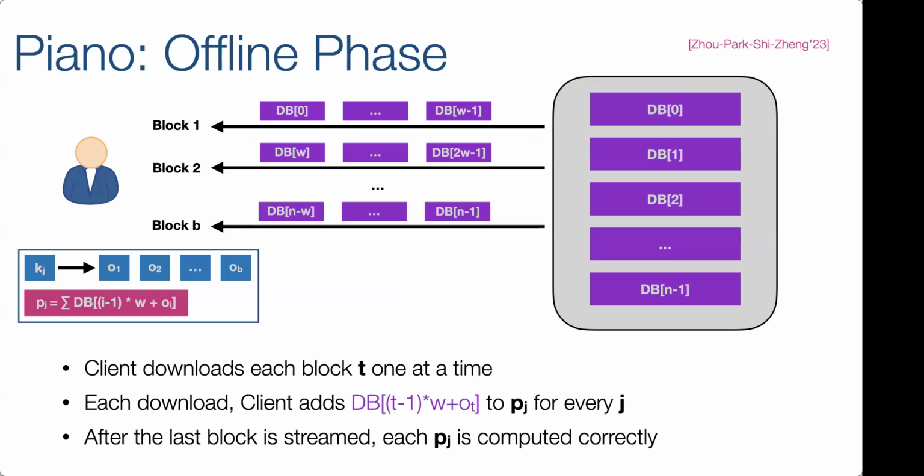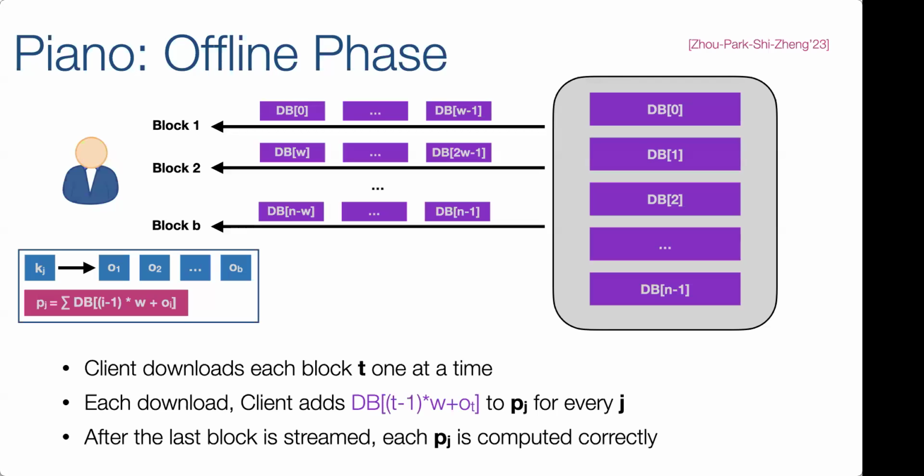So we download a block, and then we iterate through all of our hints, and we run the PRF with the relevant key for that hint to find the offset for whatever block we're on. And then we grab that element and add it onto the parity. So after we've downloaded the first block and scanned through our hints, all the parities have had their first element added on. And by the time we're done with the Bth block, all the parities are correctly computed and initialized, I'll say, and ready to be used for a query.